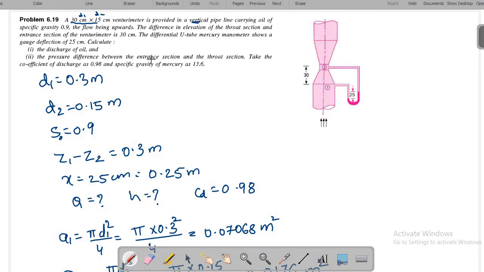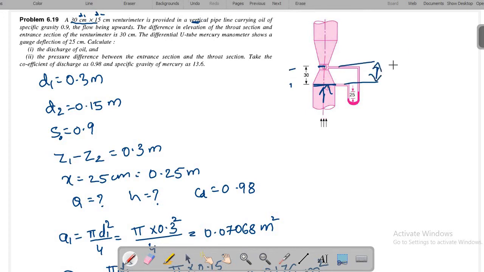Okay. So the difference in elevation of the throat section and gauge entrance section of the venturimeter is 30 centimeter. So here this is water is flowing in this upward direction, right? So it is considered as inlet, and this is throat. So this inlet to throat, there will be a vertical difference.